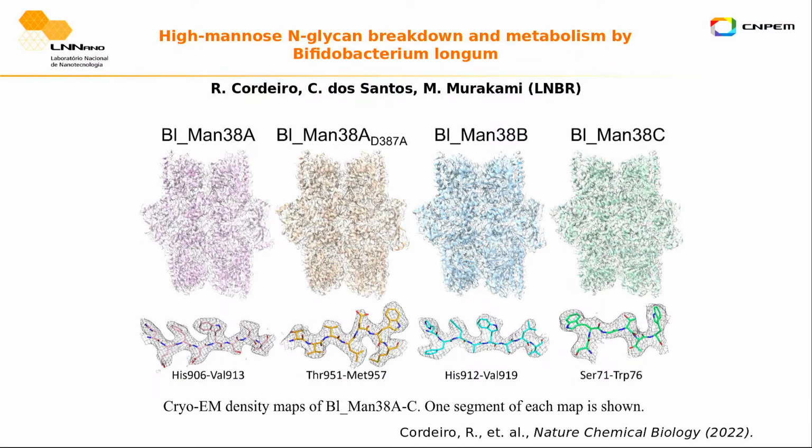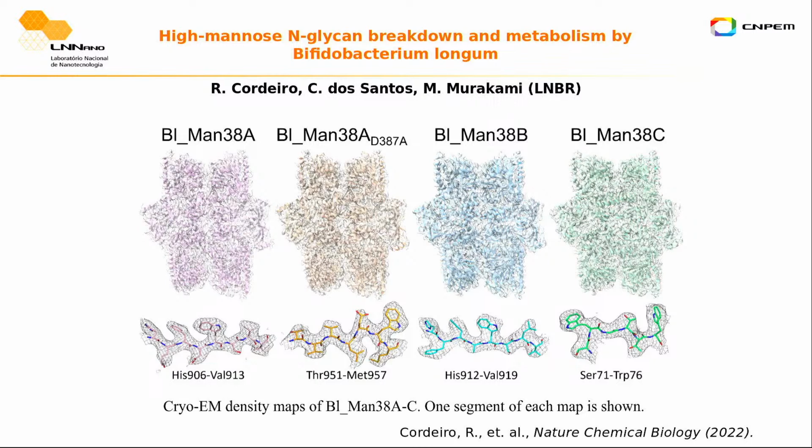It's important because this is the most abundant source of carbon, so this breakdown metabolism is really important for the bacteria. One of them is a mutant, but there are 3 different proteins in this metabolic pathway.